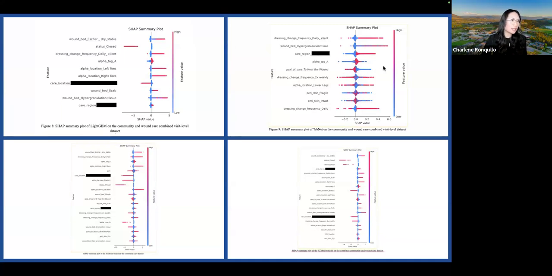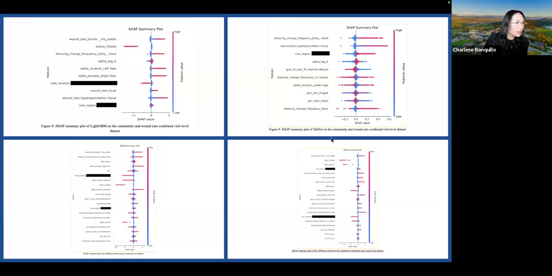The color indicates how important a variable is for that particular prediction. The hot pink, red color indicates a really important predictor for antimicrobial use in this model, and the direction shows whether it's a positive or a negative predictor.